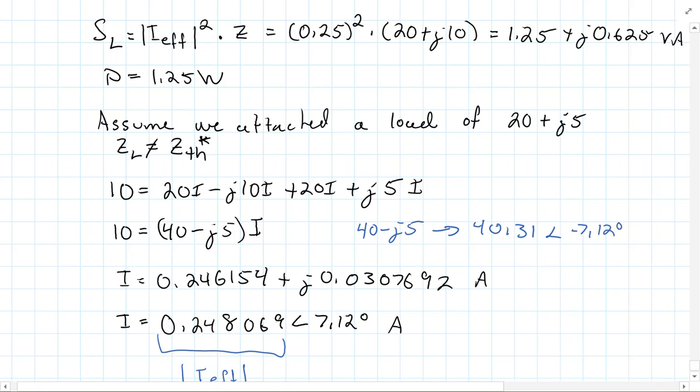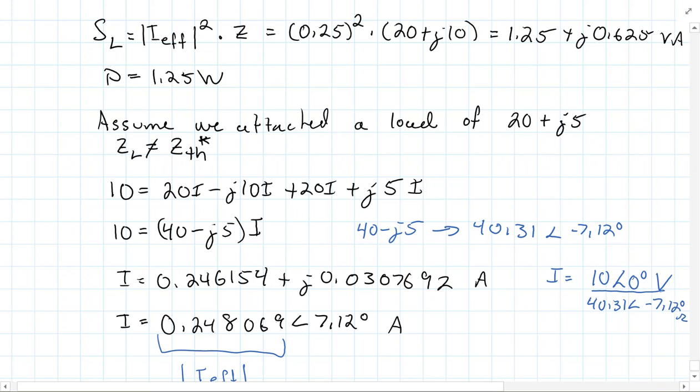And so we shouldn't be so surprised here, because if I just did everything in polar form, I would have I equal to 10 at an angle of 0 degrees volts divided by 40.31 at an angle of negative 7.12 degrees ohms. And of course, we can see that's why we get the positive 7.12 degrees.